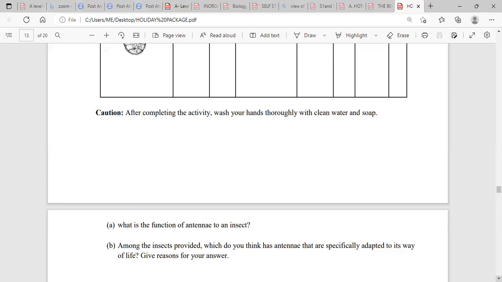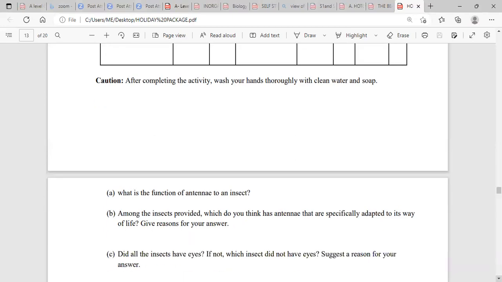Among the insects that have been provided, which do you think has antennae that are specifically adapted to its way of life? And give reasons for your answer.